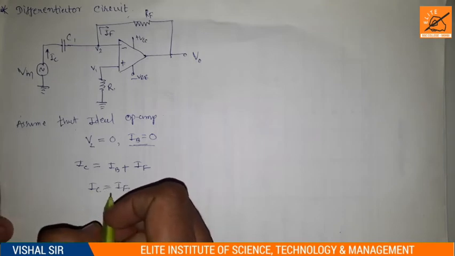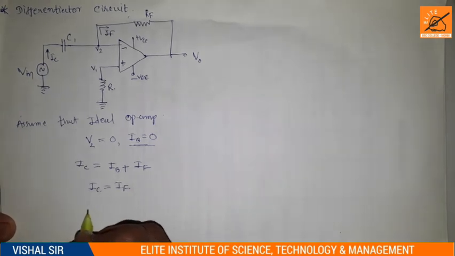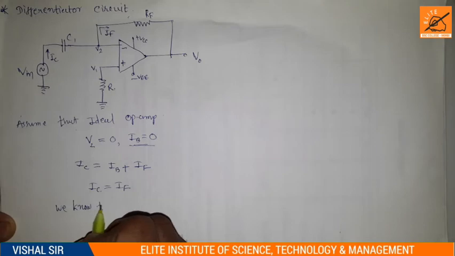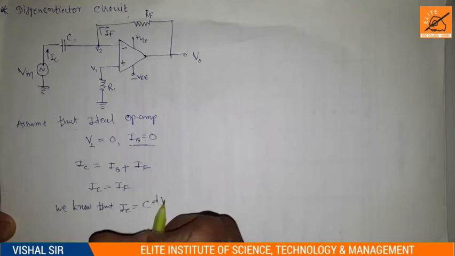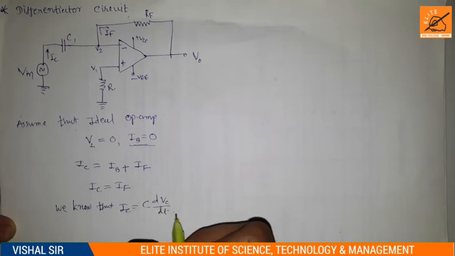Now we know the relation: IC is equal to C dVc by dt.